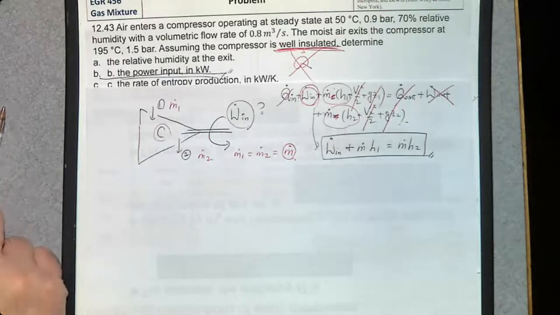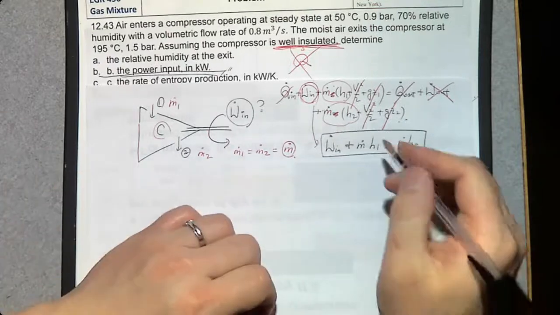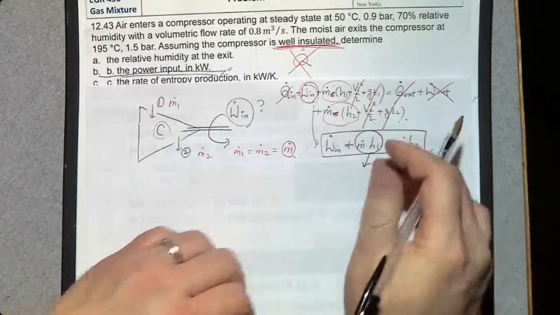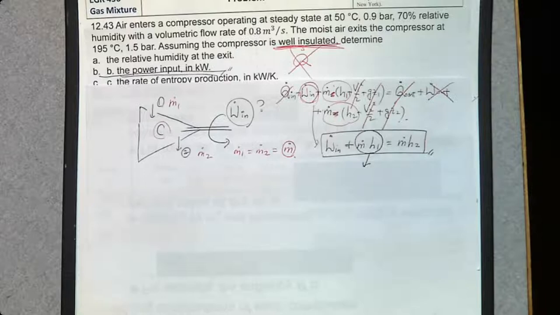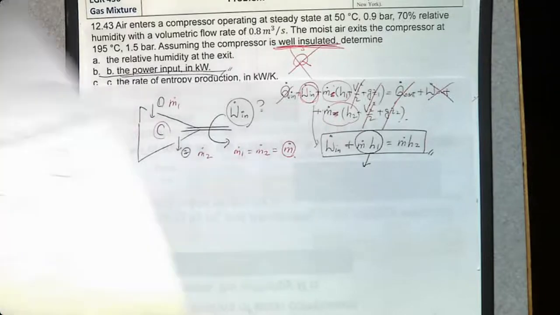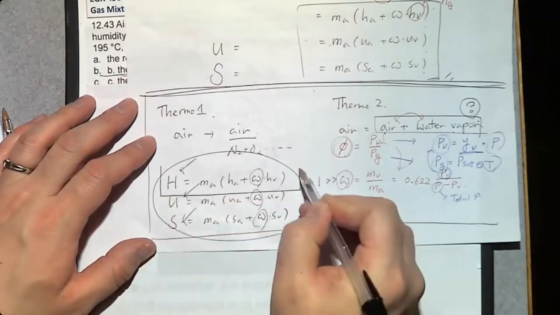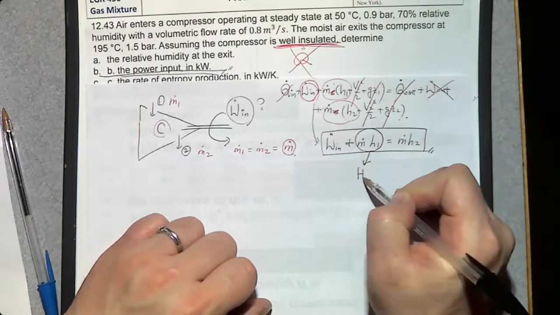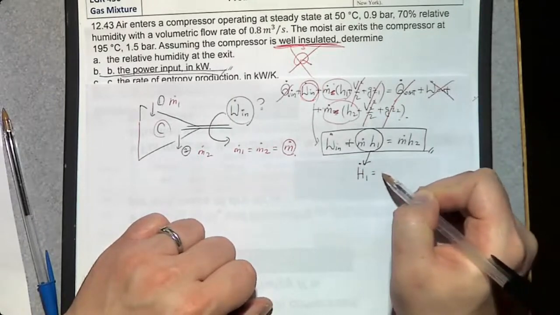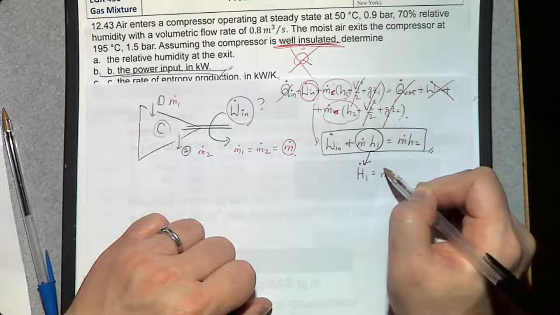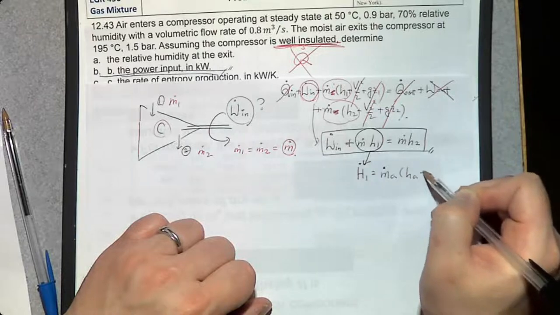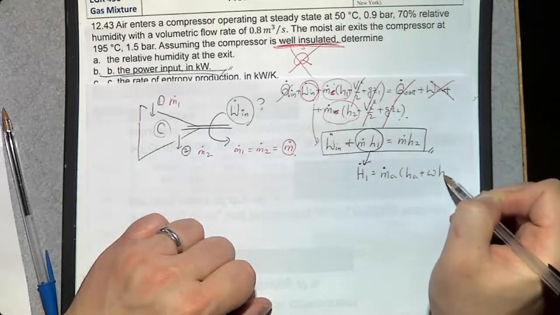In Thermodynamics 2, we don't have just dry air. We have a mixture of air and water vapor. So instead of m dot H1, we can use this equation, because m dot H1 is m dot of A times HA plus omega HV.